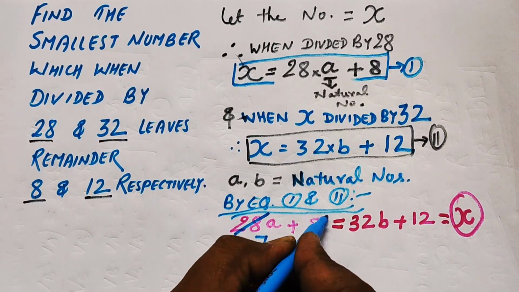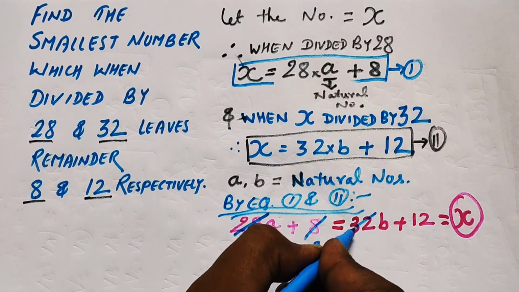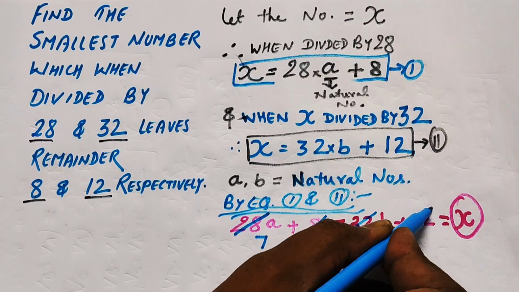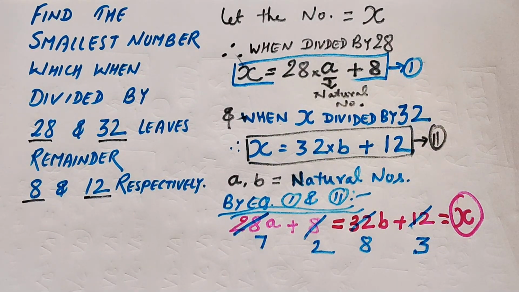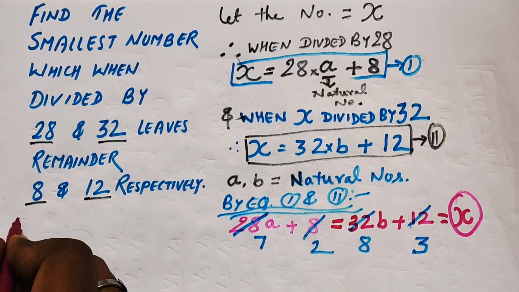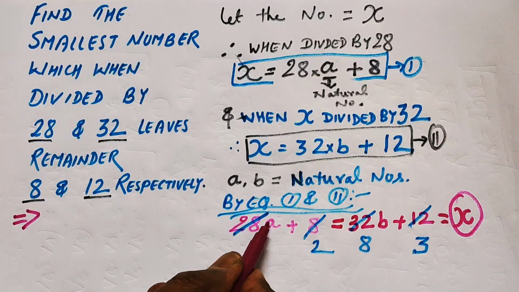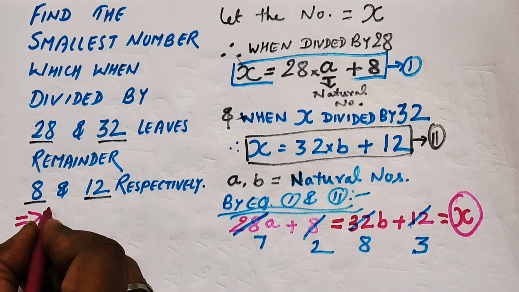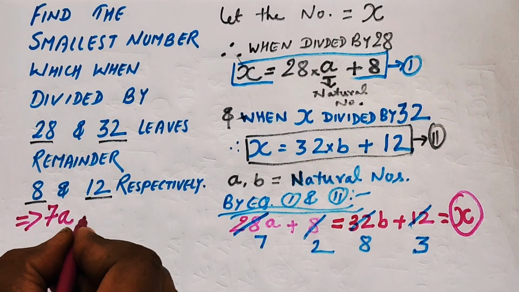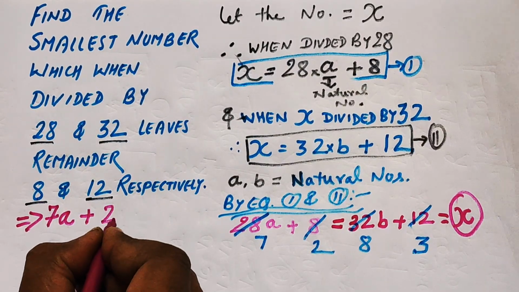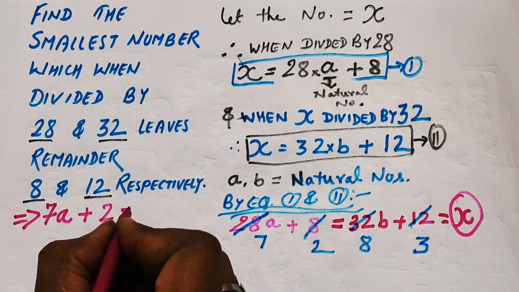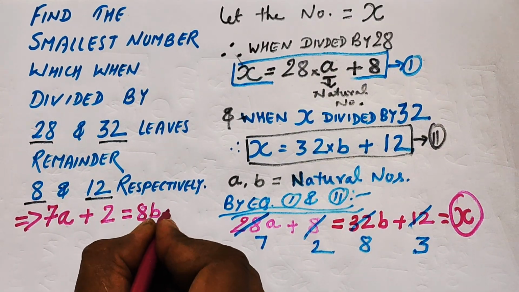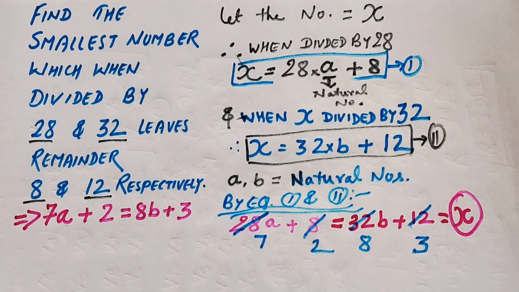Now just cut all these numbers to the minimal form by 4: 4 7s are 28, 4 2s are 8, 4 8s are 32 and 4 3s are 12. So the equation will become, let me write the left hand side, 7a plus 2 is equal to 8b plus 3.